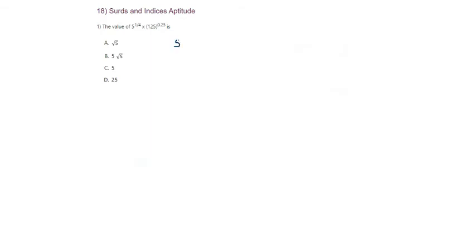Your 5 to the power 1 by 4 into 125 divided by 0.25. Your 125 can be written as 5 to the power 3, am I correct?